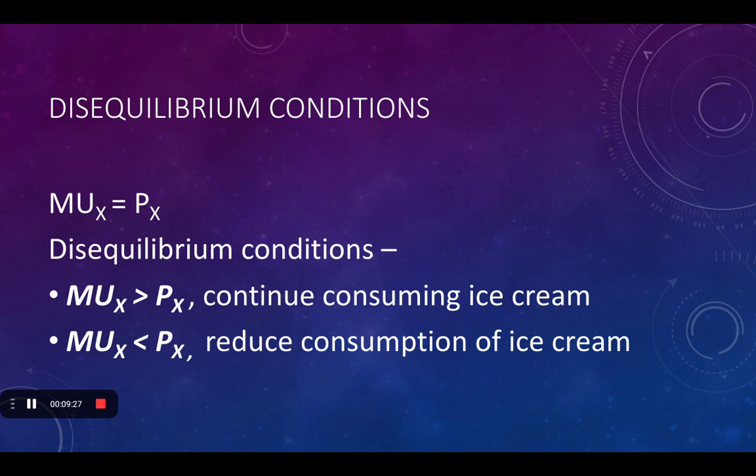He will keep on consuming the ice cream till MUX becomes equal to PX. As he will continue consuming, his satisfaction level will keep on falling due to application of law of diminishing marginal utility. The second disequilibrium condition is where MUX is less than PX.